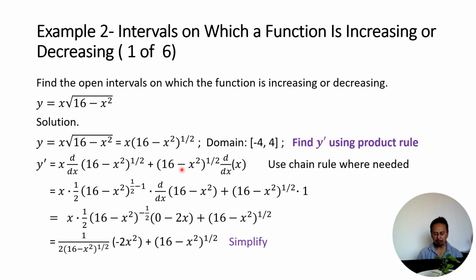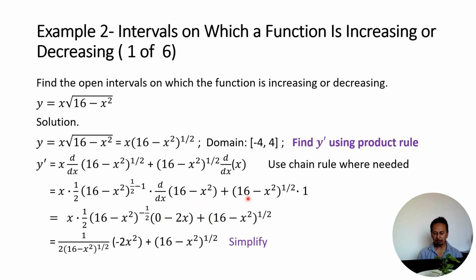Plus, we rewrite (16 minus x squared) to the 1/2, and the derivative of x is 1. Now just bring down x and 1/2, subtract 1 from 1/2, so it will be negative 1/2. And here the derivative of 16 is 0, the derivative of x squared is 2x.